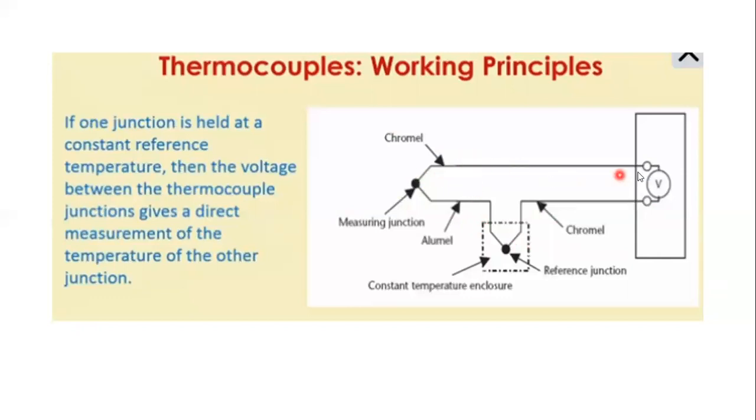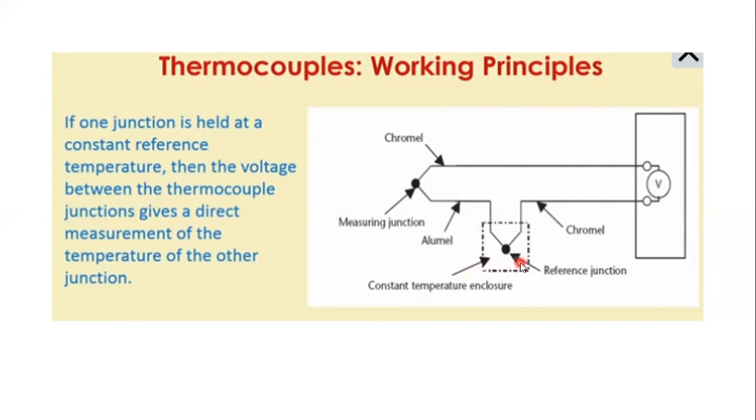The first wire is chromel and the second wire is alumel. Okay, chromel-alumel combination. So these two different metals are joined at these two ends, and a voltmeter is connected across it. And one junction is kept as a reference junction.